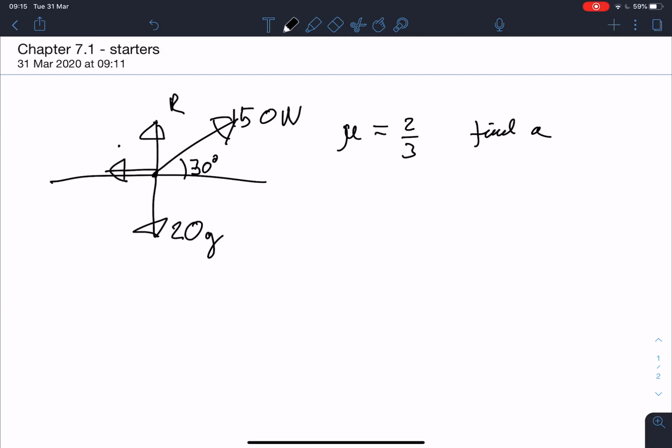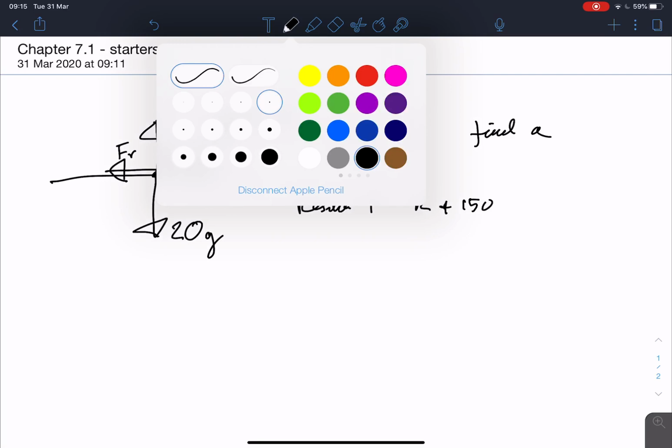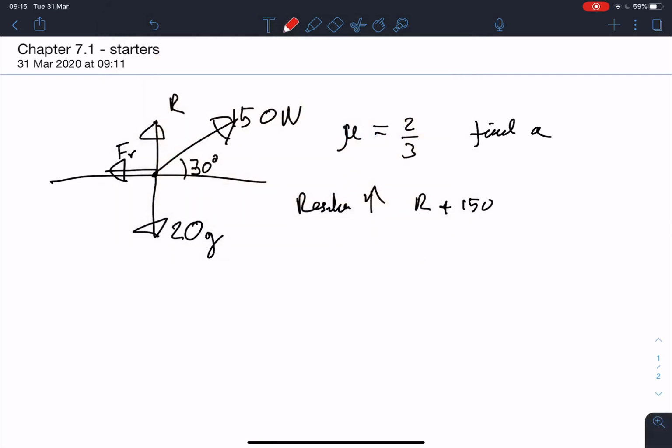So we are going to put on the additional forces on the diagram. We get a normal reaction, we have a friction, and then because it's on a horizontal plane, we do the standard things, resolve vertically.